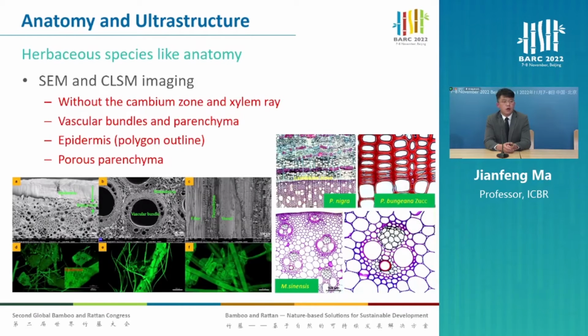It can be seen from the confocal laser scanning microscopy images that the rattan also contains lots of different cells, including parenchyma, fibers, and lots of epidermis, especially at the outermost layers of rattan. Its anatomy displays typical features, just like grass species such as Miscanthus sinensis.